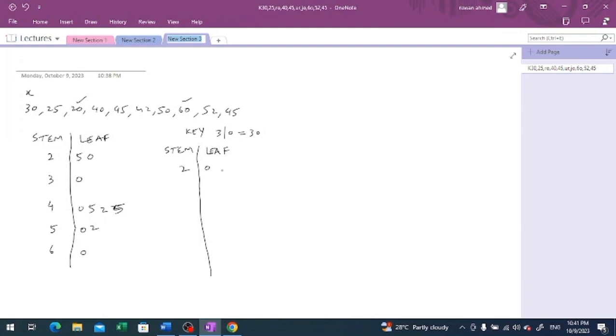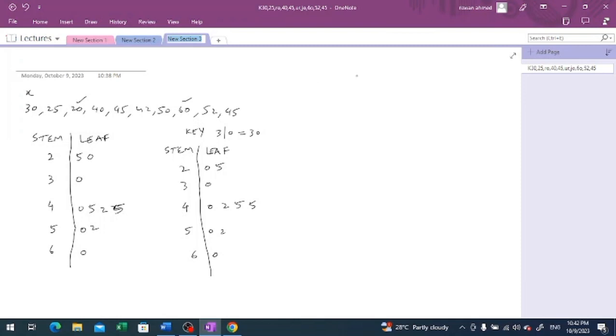That's 2, 0 should be written down first, and then 5. No problem that in the second stem, because it only has one observation. Then 0, 2, 5, 5. Then we have 0, 2, that is already arranged, and 6, 0, that's already arranged.